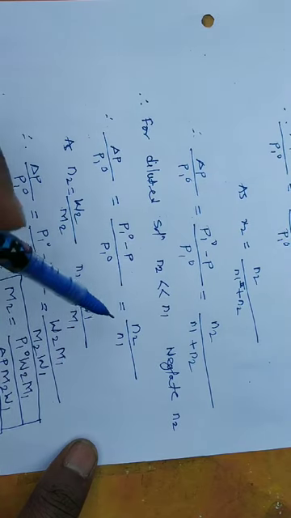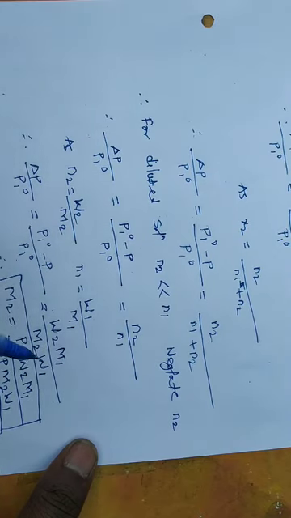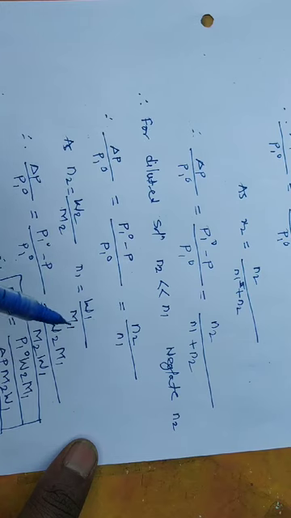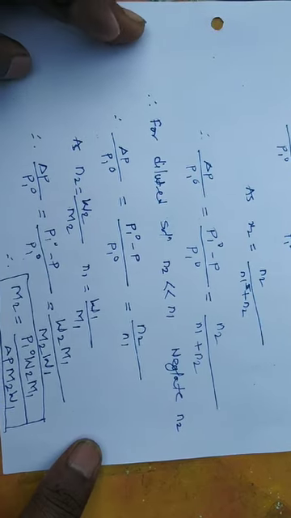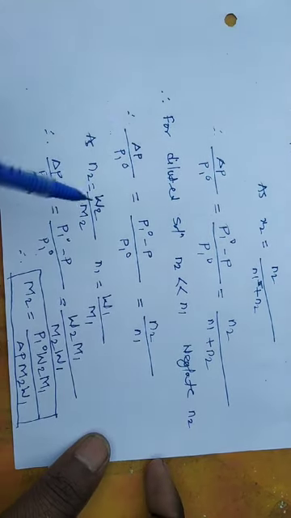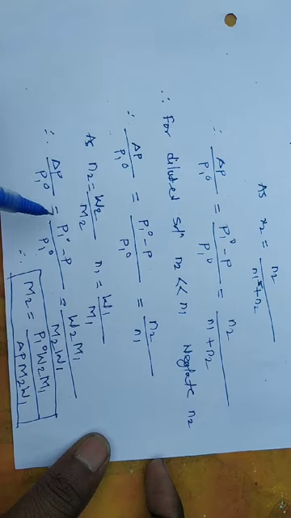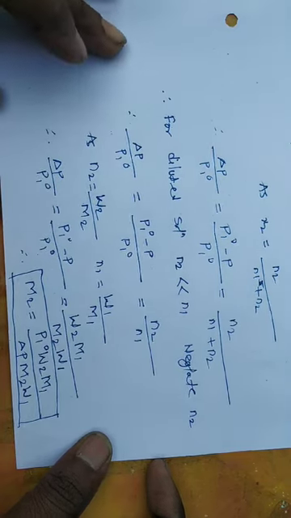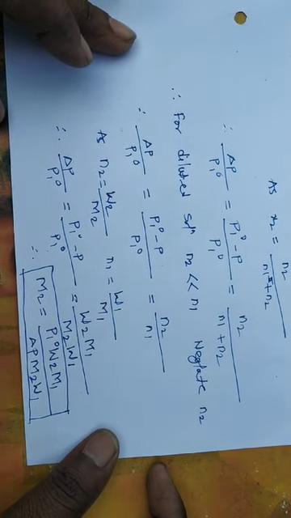As we know, n2 is equal to W2 upon M2, where W2 is the weight of the solute and M2 is the molar mass, and n1 is equal to W1 upon M1. Therefore delta P upon P1 naught is equal to P1 naught minus P upon P1 naught is equal to W2 into M1 divided by M2 into W1.